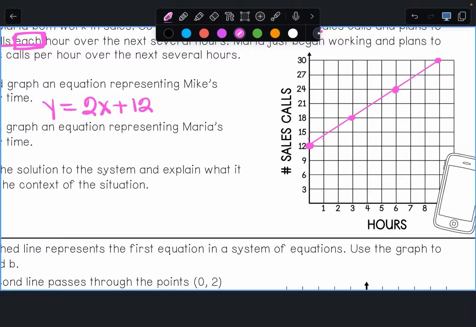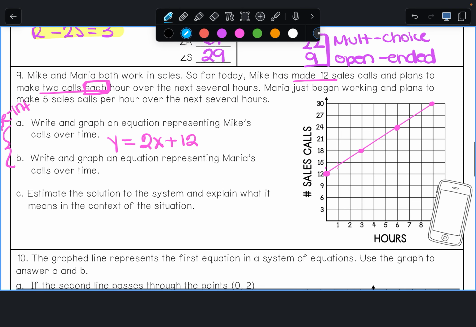All right. Second equation. Maria began working and plans to make 5 sales calls per hour. If she just began working, she didn't have a starting point. So what's the starting point? 0. But 5 sales calls per hour, that is our slope. So we start at 0.